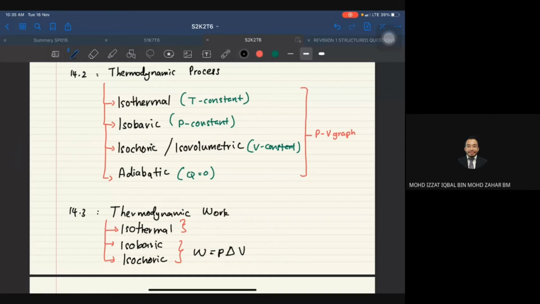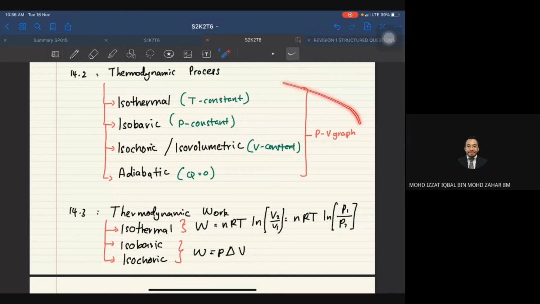So this one would be nRT ln V2 over V1, or you can use nRT ln P1 over P2. It depends on the information given, and you can use the information. Okay, so this is what you will learn lah untuk the remaining chapter for this one.